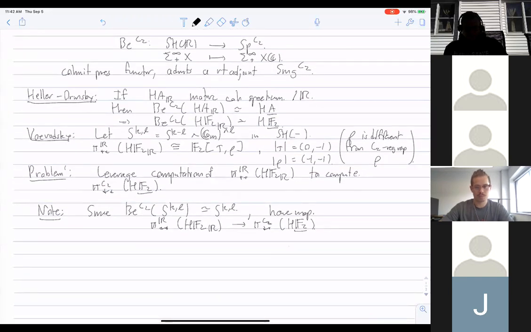Now, to effectively use the real motivic calculation to deduce the C2 equivariant calculation, I have to introduce a separate technique. So let me now discuss the Tate fracture square, which I think was originally considered by Greenlees and May.